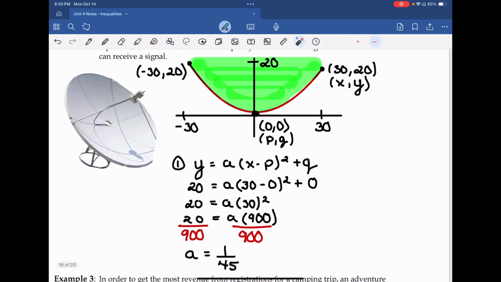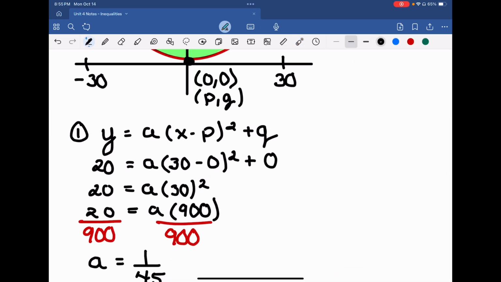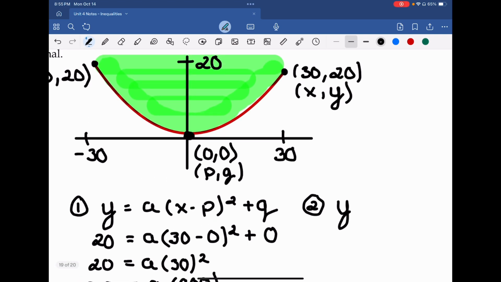All right, therefore, here's what the inequality becomes. Step number 2, we're going to go y. If it's above and including, the boundary line is solid in our example because it's a satellite dish. It's a solid region which the signal can bounce off of and hit.